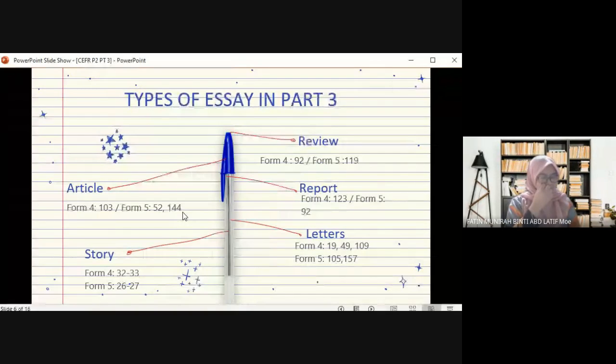So whatever, kenapa saya tak bagi contoh, saya tak suruh awak tengok contoh daripada internet, because when you go to internet, let's say you want to find the sample of review, you will meet a lot of different types of review. Macam-macam bentuk review awak akan dapat. So macam mana nak tahu yang mana betul? Awak kena rujuk buku teks. You have to refer to your textbook. Rujuk balik buku teks. Bentuk dia macam mana? Memang ada dalam buku teks.